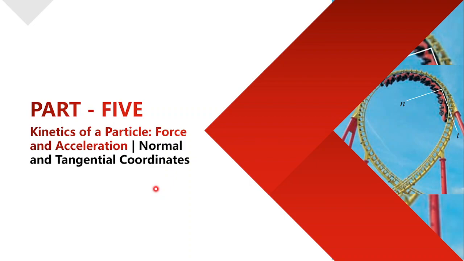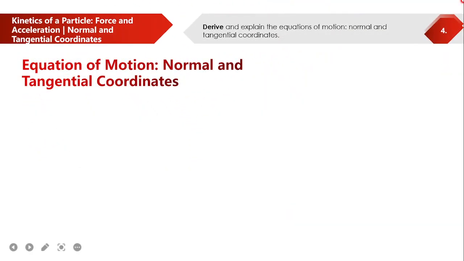So, what if your object is moving in a curved path? So, normal acceleration now exists. So, we need to account for those also, so that we can also solve for the actual forces, acceleration, and all of the unknowns that are exerted on our particle. Then, how to solve them? Let's proceed to part 5.